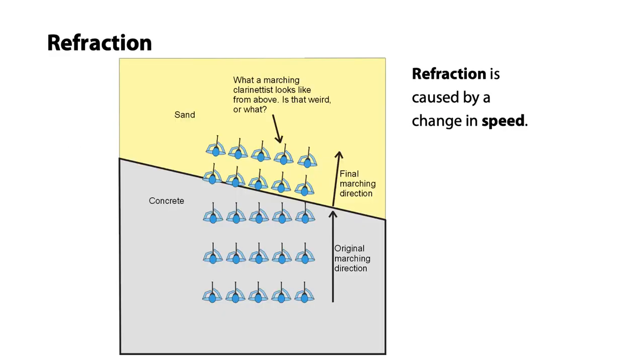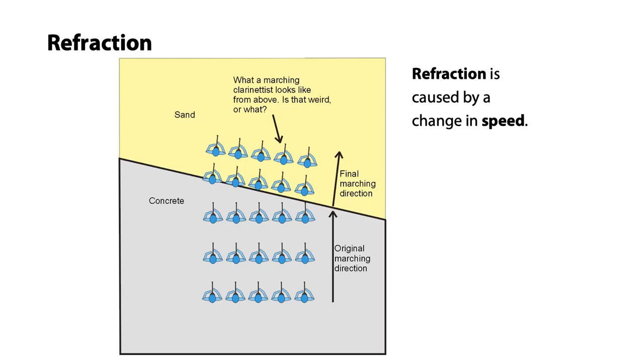An analogy here, which is quite common, is to imagine you have a marching band marching from the bottom of this image to the top, looking down at it, and they're going from concrete to sand. Every marcher keeps pace with the people to the left and right of them. As they cross from concrete to sand, they go slower, because you can't march so quickly on sand as you can walking on concrete.